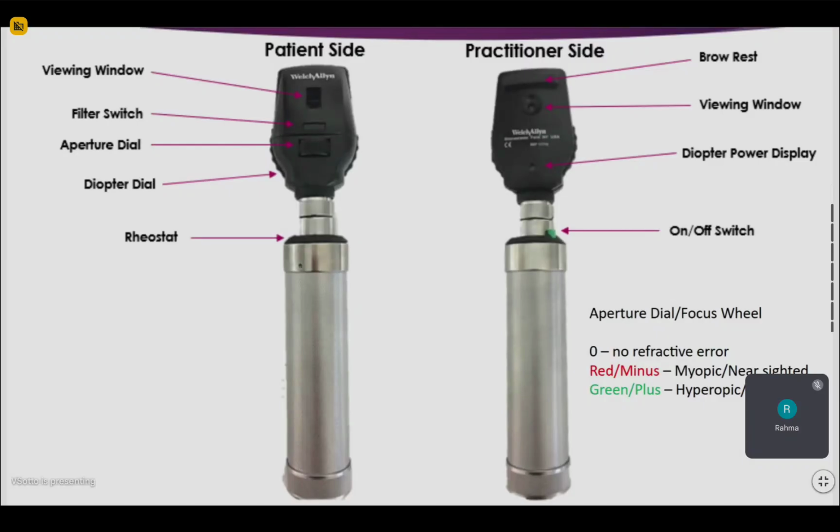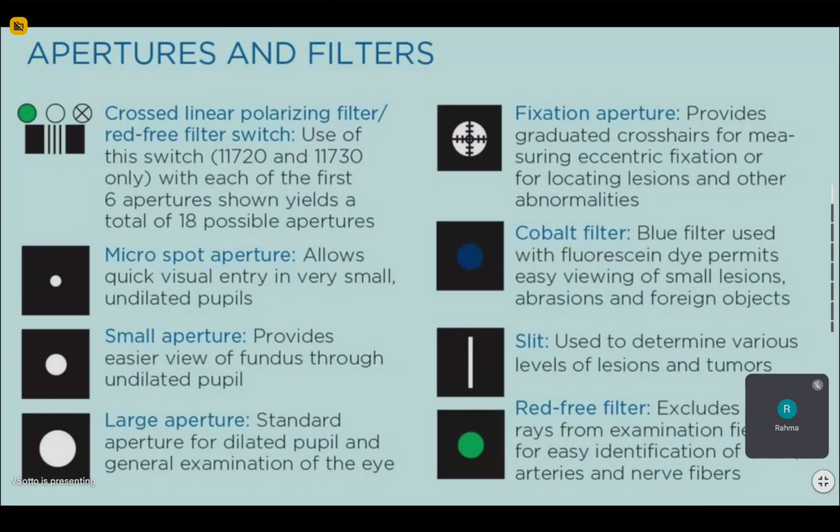As an examiner, you have to see the fundus as clear as possible. So we have different types of apertures and filters incorporated in this device.